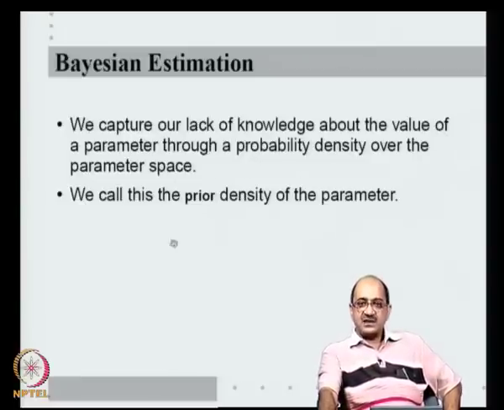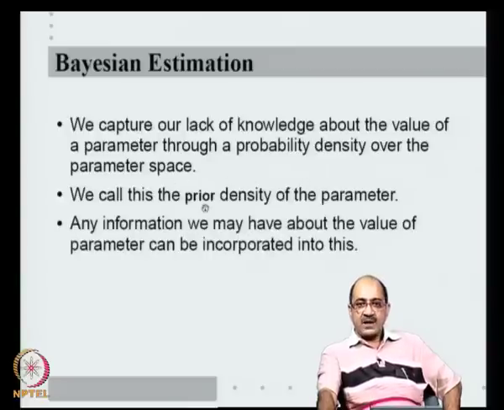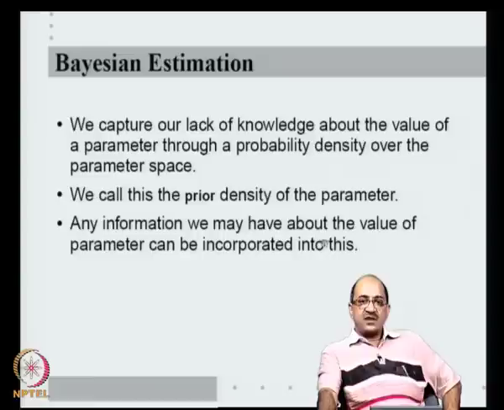Prior in the sense that it is before I saw any data. Before seeing any data, I have some density model for the parameter. The parameter is assumed a random variable, and this is the prior density, the density of the parameter before I saw any data. Any information that we have about the value of the parameter can be incorporated into this density model, right.